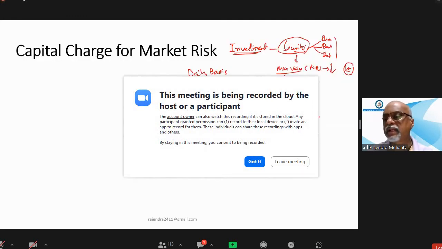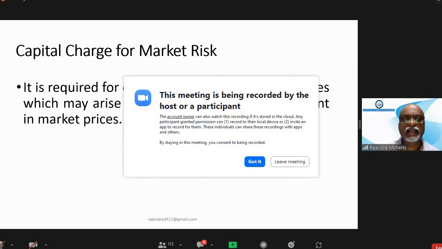If the total net is positive, it is credited to the P&L. If it is negative, it is debited to the P&L. Similarly, if it is positive, no need to maintain capital. But when it is negative, we have to calculate the capital. So that is also done on a mark-to-market basis. Every day, whatever net loss is there, capital has to be calculated on that. Okay?